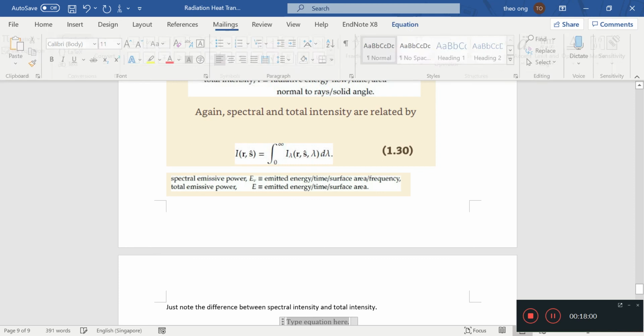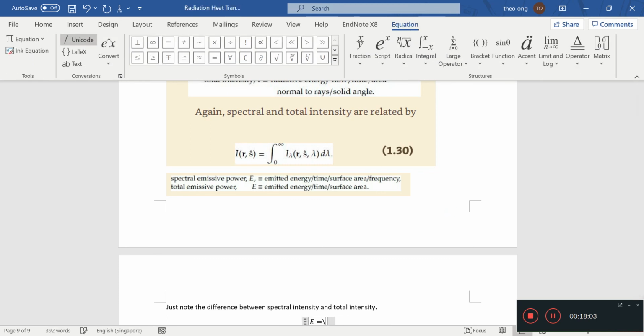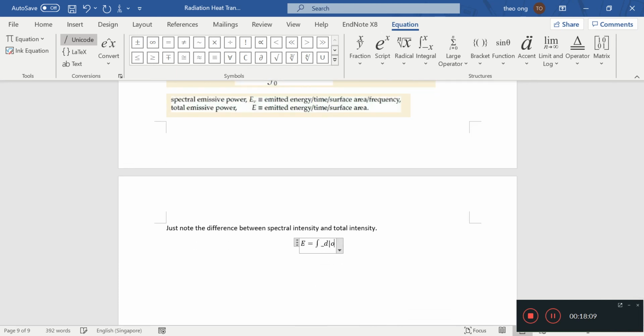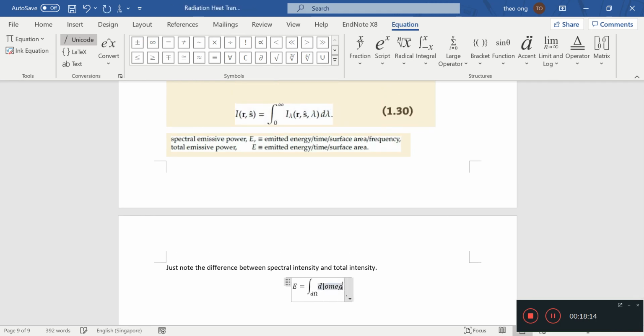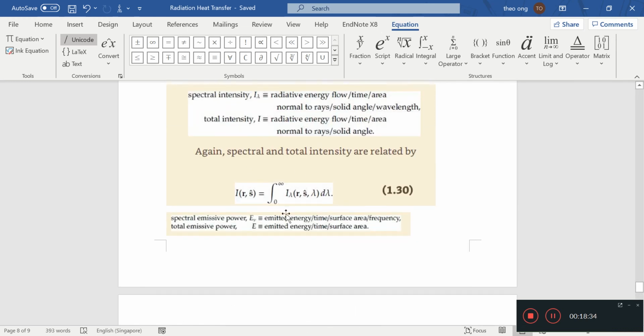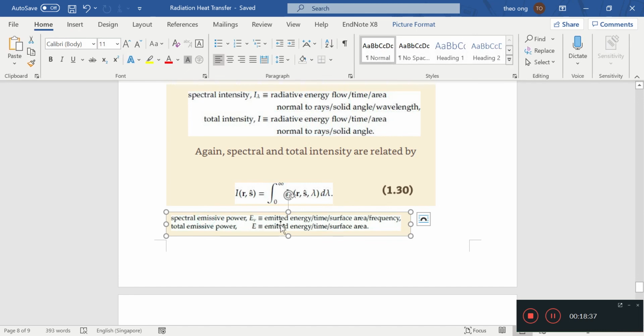For example, E equals the integral over the whole solid angle, d omega, of this intensity I_R, S. If you want a total emissive power, you do that.